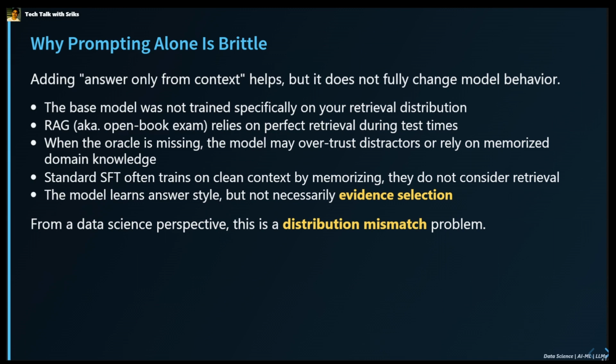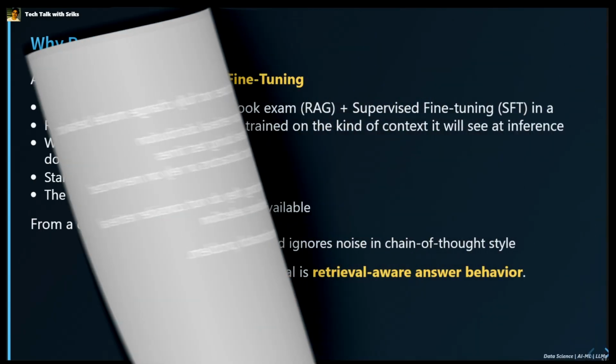So in all these cases, the model is learning the answering style, but it's not necessarily learning how to choose the evidence. From a data science perspective, this is often called a distribution mismatch, when you are training the model with certain assumptions in the training, testing and validation phases, but in production the data distribution is completely different from what it has seen in the test and train phases. So how do you deal with this particular problem?